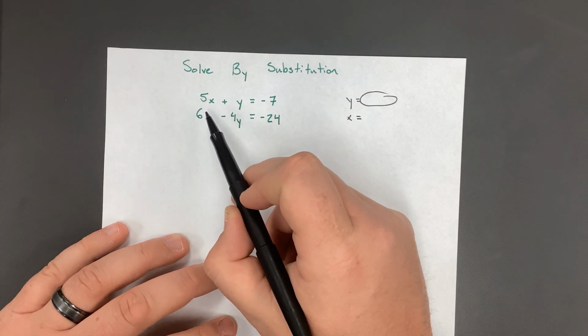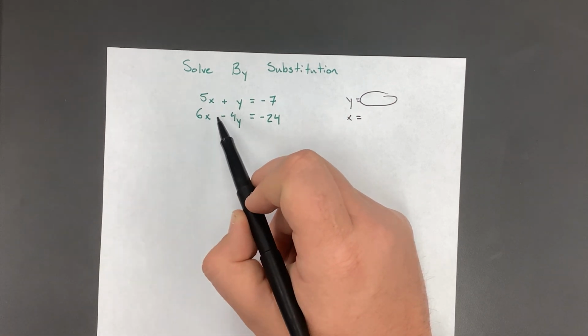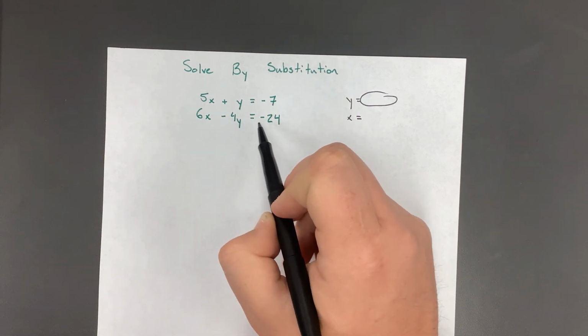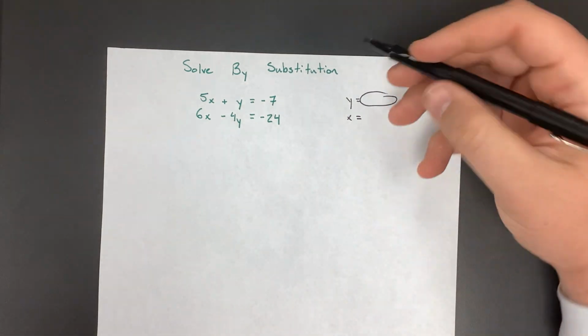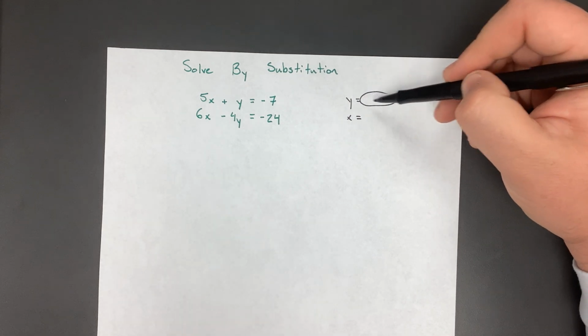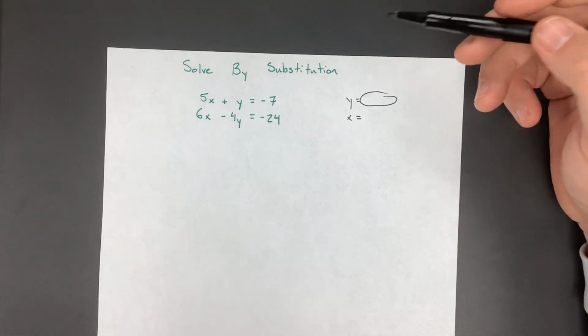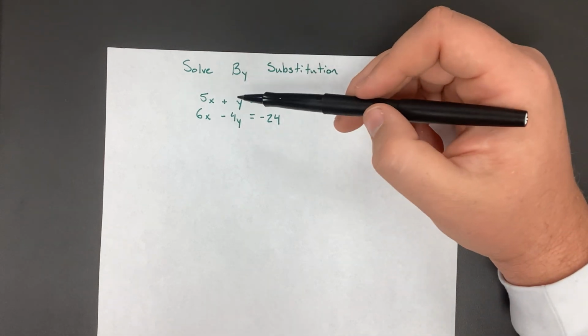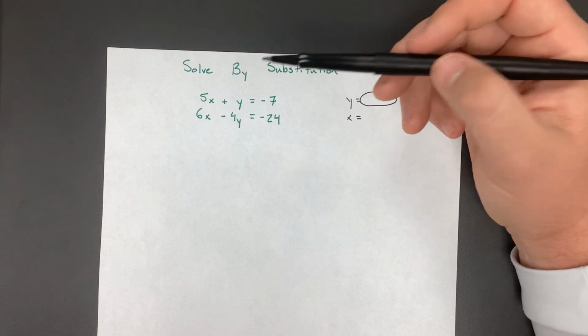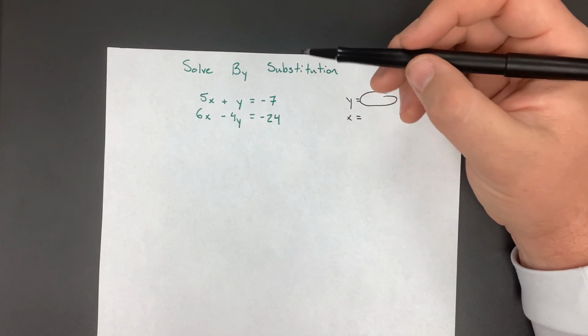If I look at the practice problem we have here, I've got 5x plus y is equal to negative 7, and 6x minus 4y is equal to negative 24. I don't have either equation in a format where it's just one variable equal to an expression. So we're going to have to manipulate one of our equations to make it to where one of our variables is isolated on one side of the equal sign.